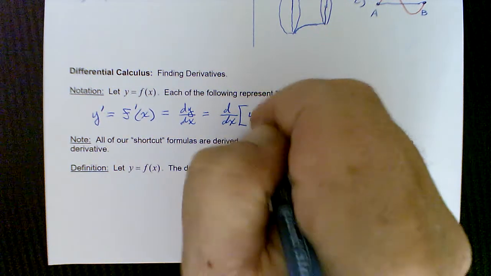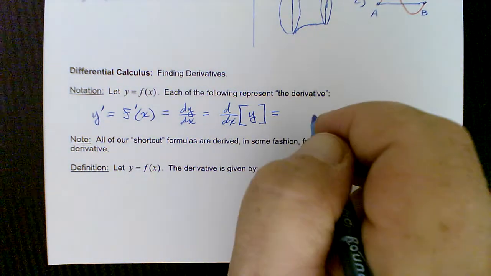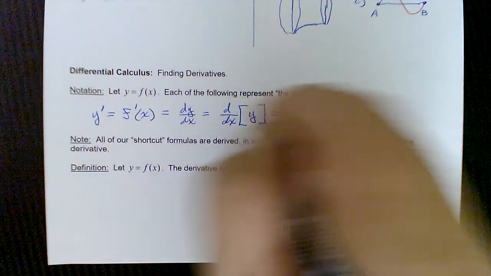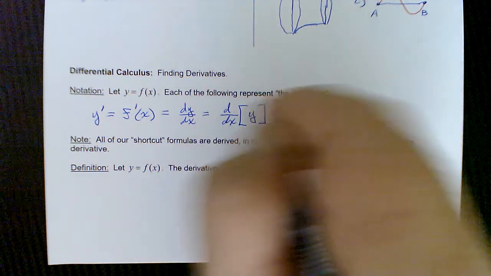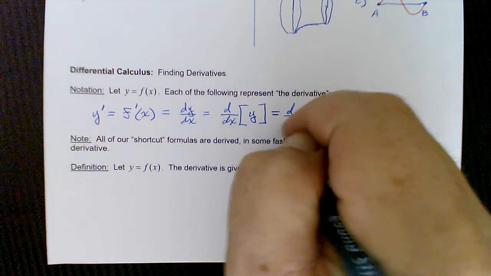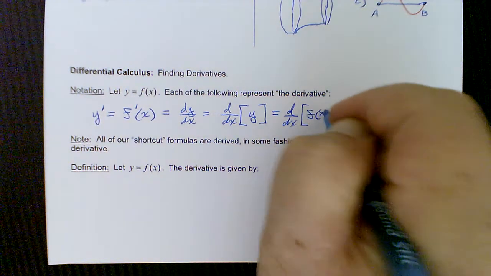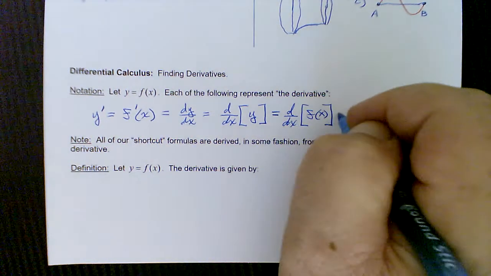Where if we use this notation, we say the derivative with respect to x of y. Okay, and that's going to be a notation that you want to get used to when we indicate our shortcut formulas. Some people will use different notation other than d dx. I like that. Since f of x is a function, of course, we could have the derivative with respect to x of f of x. Some people like to use the differential operator.